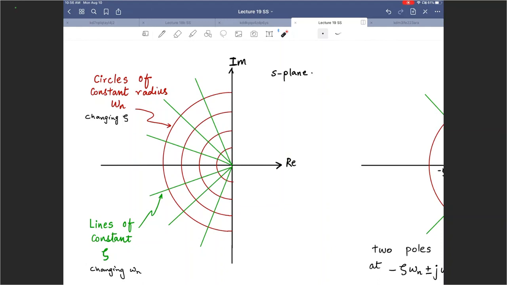And depending on which constant you use, you might be here, or you might be horizontal, or you might be lower. So that depends on the zeta. But you're holding zeta constant and you change the natural frequency, and those complex conjugate poles will move away in that direction as you change omega n. How do they move? Increase omega n, they will move away from the origin. Decrease omega n, they will come closer to the origin.